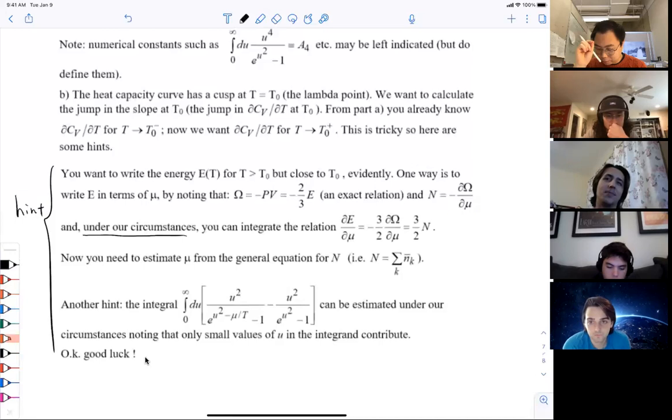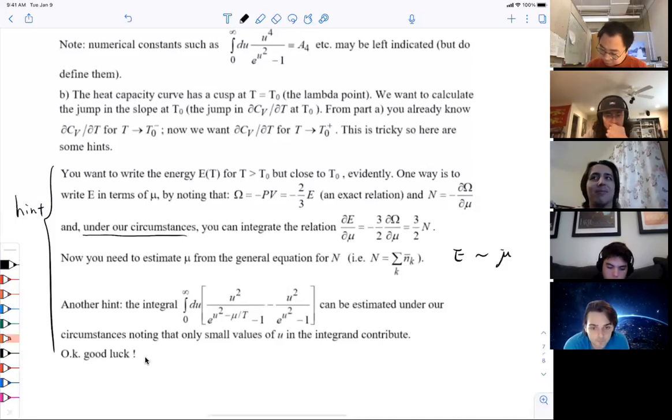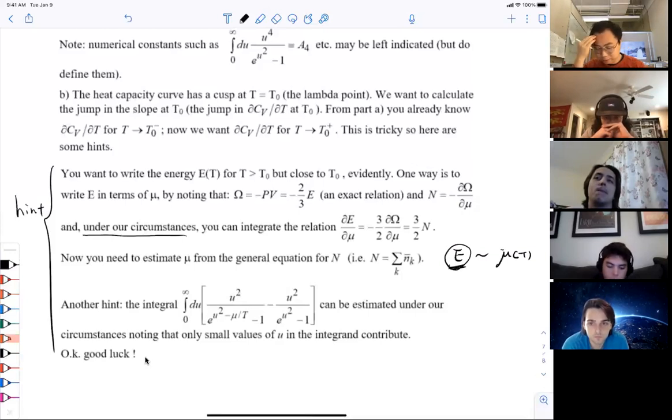So basically, your E would be proportional to mu, right? And then we know mu is a function of T. Then we get the temperature dependence of this energy E. That's what the hint is saying. It's kind of confusing. I agree. Okay, thanks.